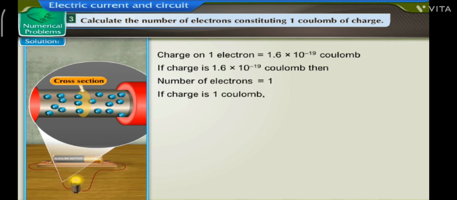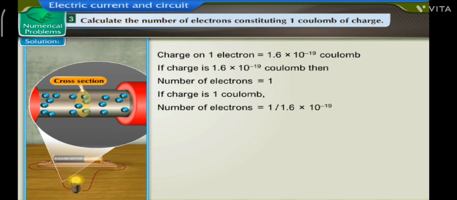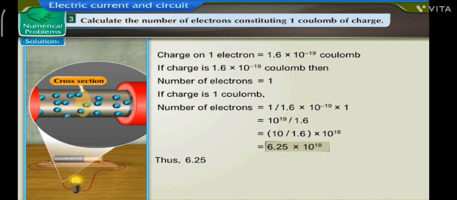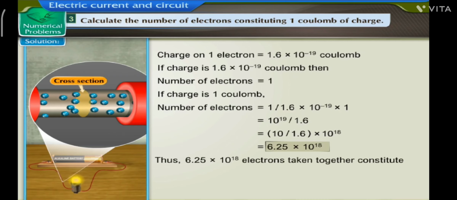So, if charge is 1 coulomb, then number of electrons = 1/(1.6 × 10^-19) × 1 = 10^19/1.6 = 10/1.6 × 10^18 = 6.25 × 10^18. Thus, 6.25 × 10^18 electrons taken together constitute 1 coulomb of charge.